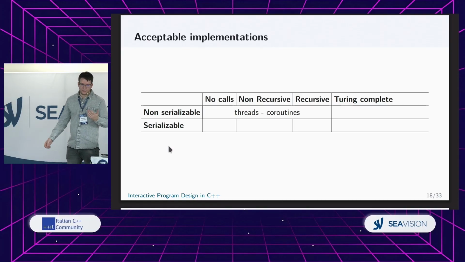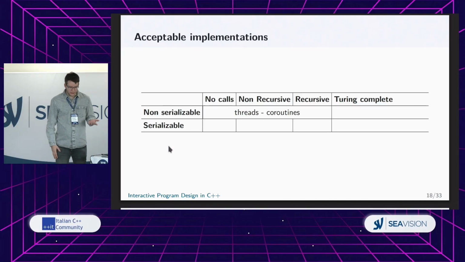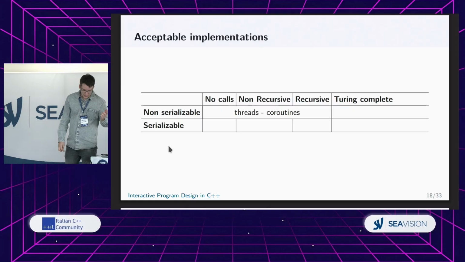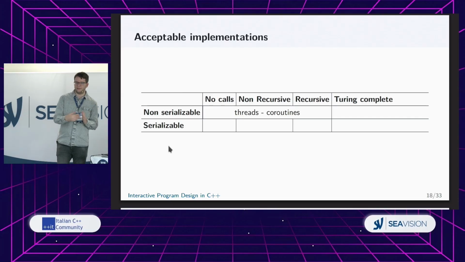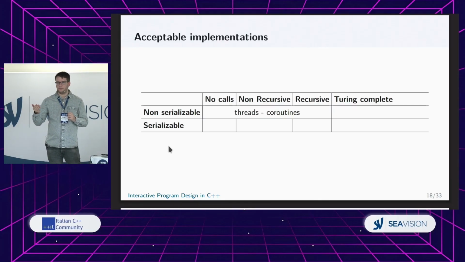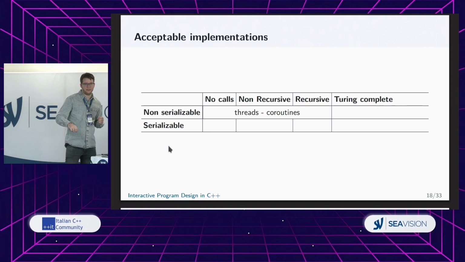Okay, but now what we want to do is categorize all possible programs and figure out an acceptable, ideally zero overhead, implementation that is non-serializable if you do not care about serialization, right? Which are situations in which you do not care about serialization.